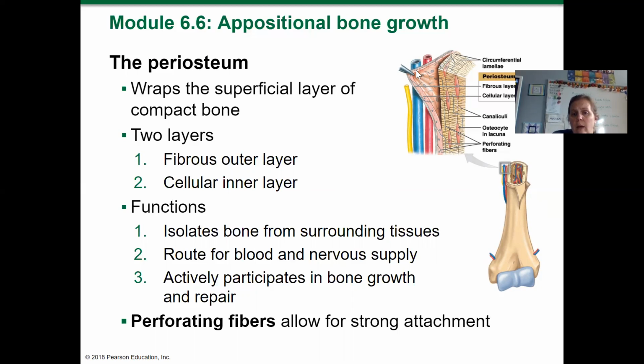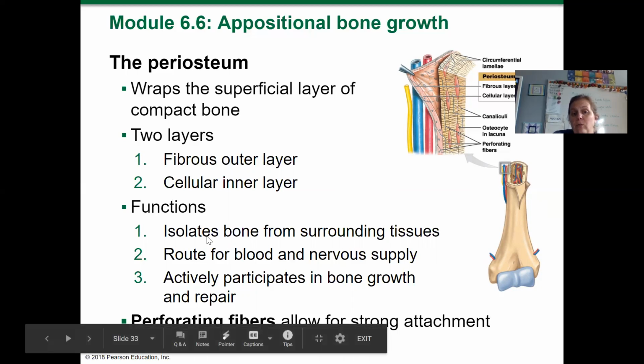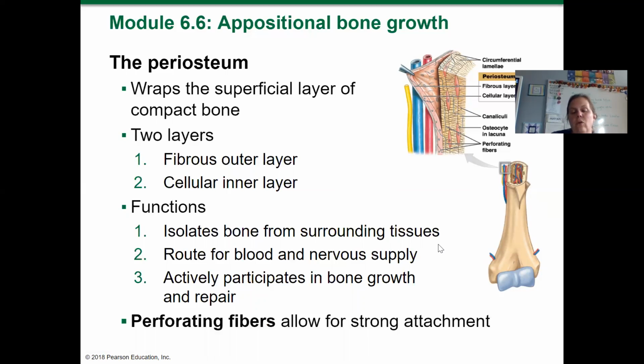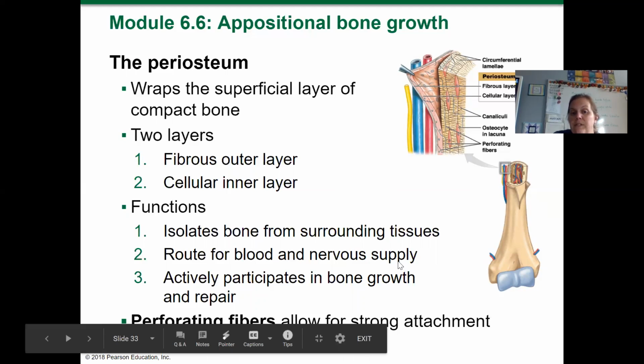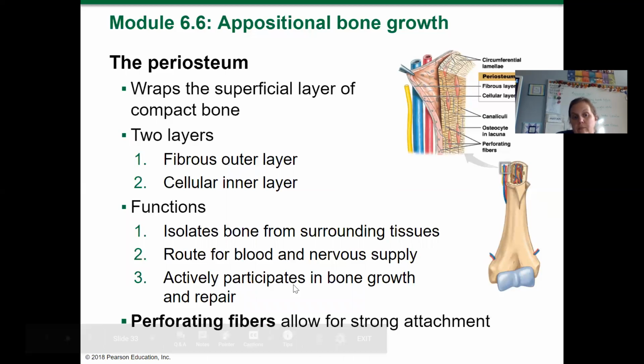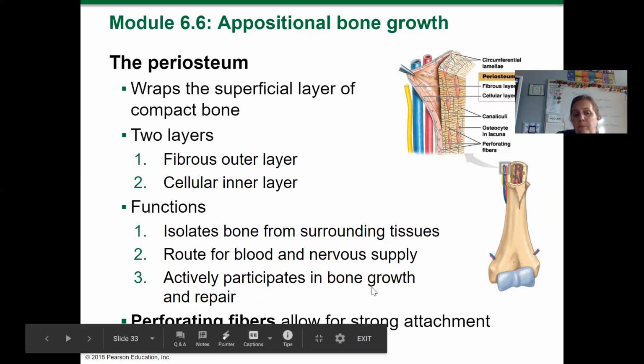This keeps the bone separate from surrounding tissues, because a lot of tissues touch and hold on to the bone. There's also vascularization against this, so it's a route for blood and nervous supply, and this is an area of active bone growth and repair.